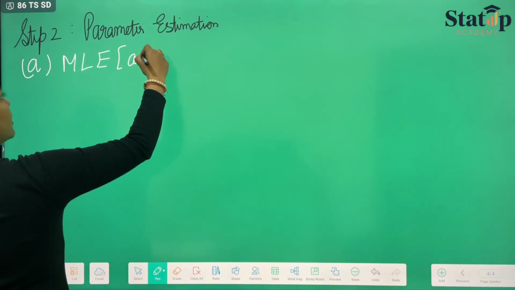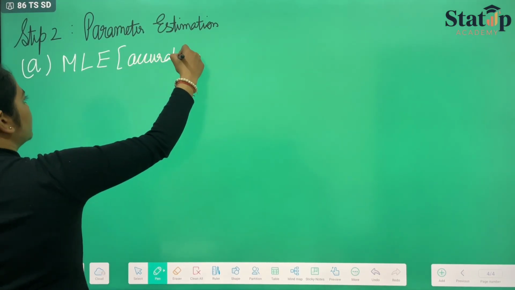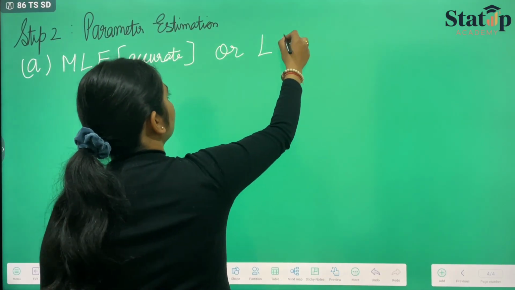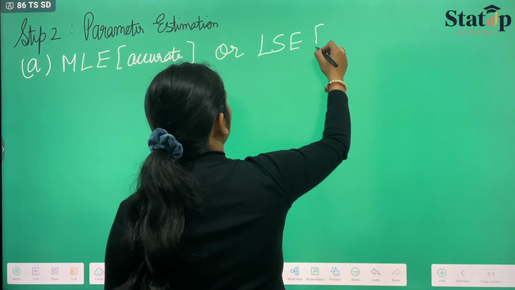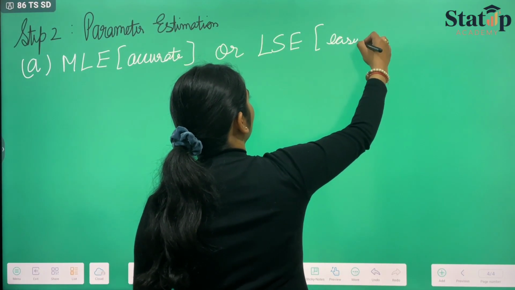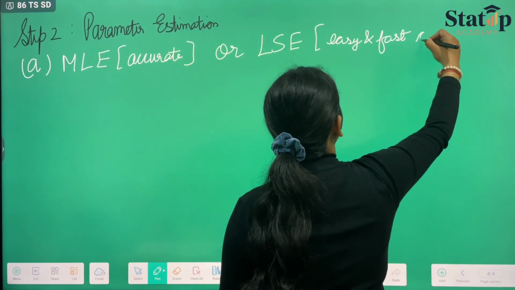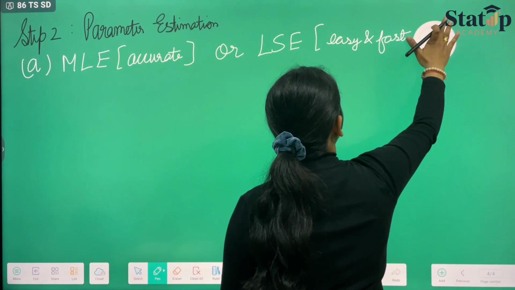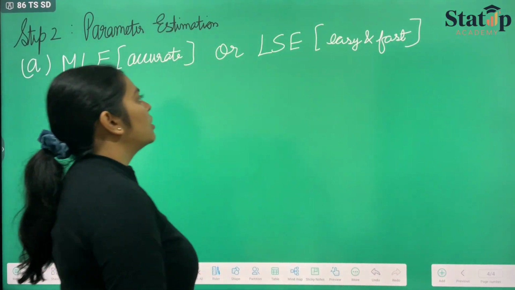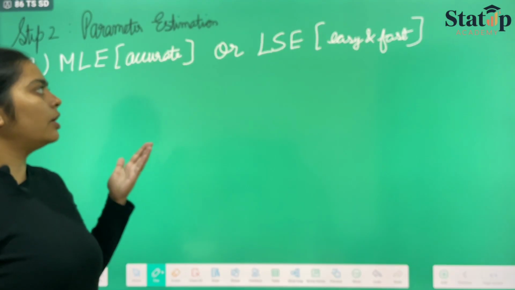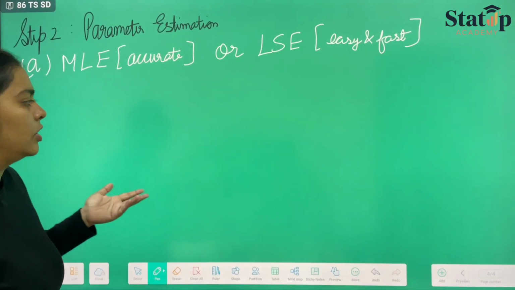This gives more accurate answers, so it is used. Or we can use the least square estimation process. This is easy and fast to compute. Both have their merits. So any of the methods can be used, maximum likelihood estimation or least square estimation.